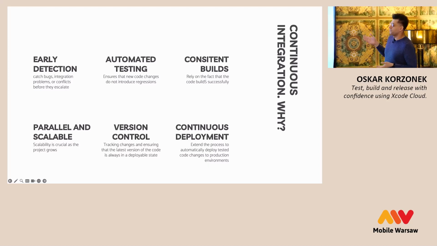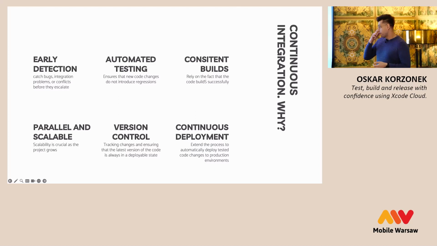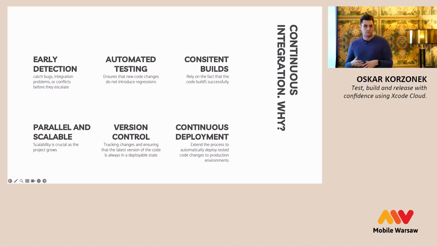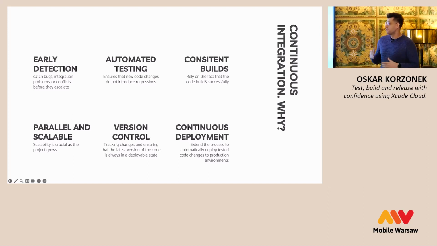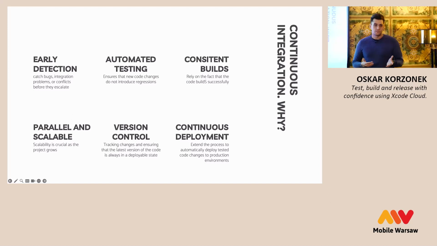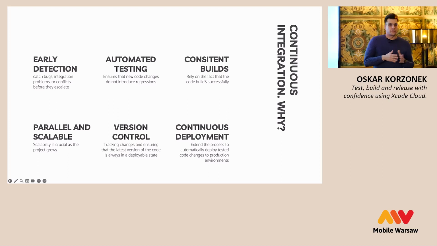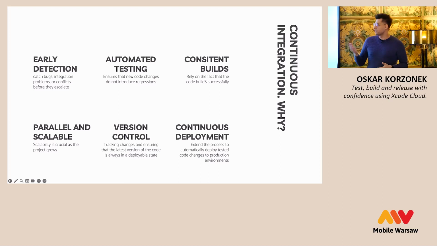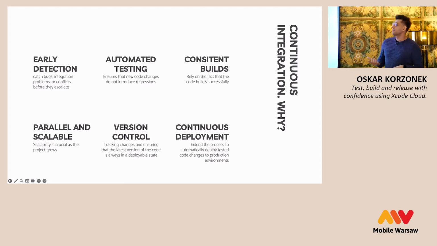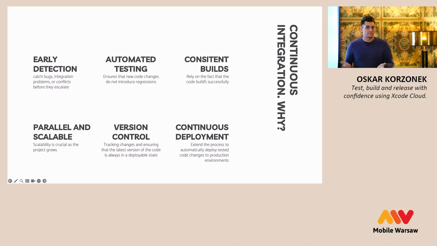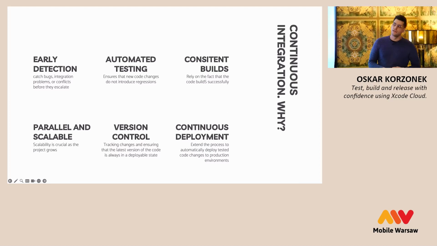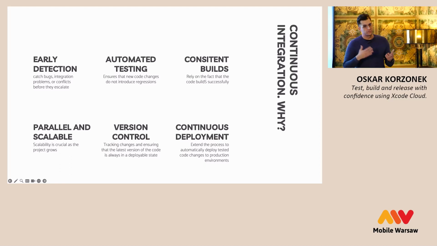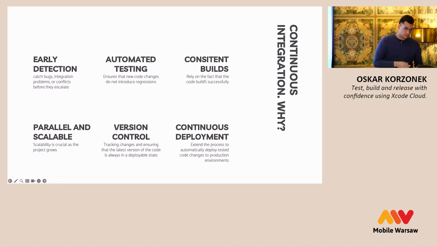So let's start with why. I think that continuous integration can give you confidence when you make changes. First of all, early detection. Especially for big apps, when everyone pushes code to the repository, it's much easier to catch bugs and different defects when they appear, before they are merged to the main branch.